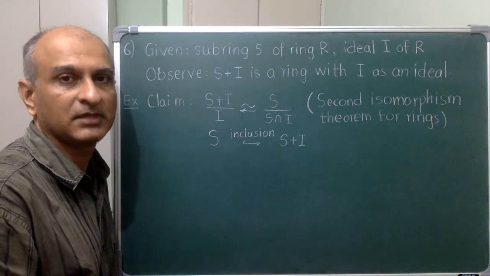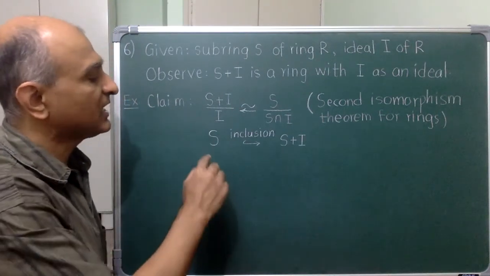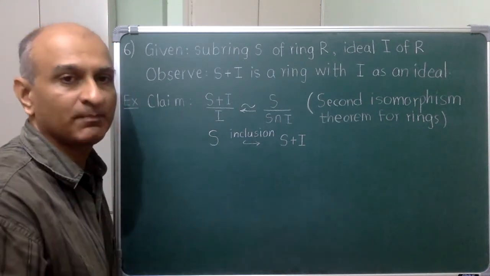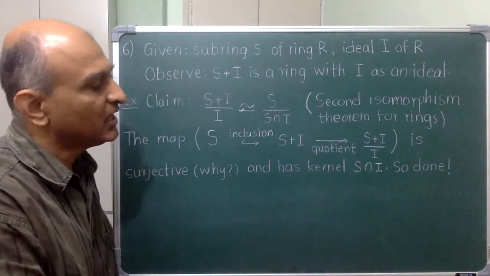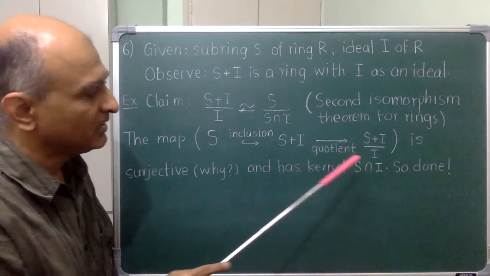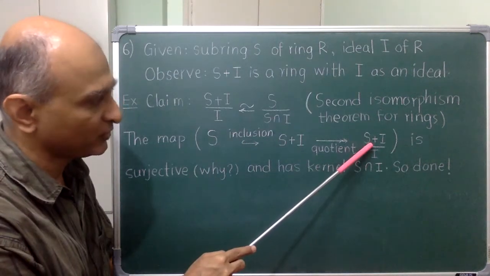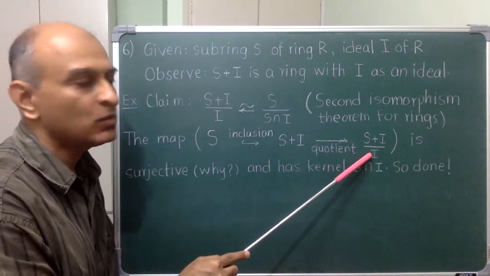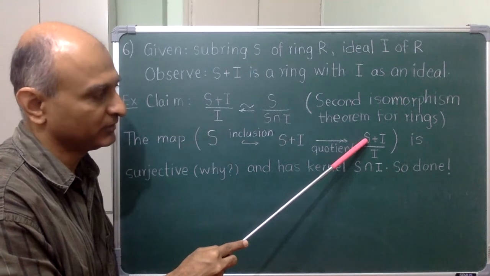So try it. It is easier to construct a map from the right to the left because I can just start with the inclusion from S to S plus I. So complete the argument now. We compose the inclusion with the quotient map onto S plus I modulo I. This composite map from S is surjective onto this because in this quotient I am killing I. So any congruence class is represented by an element of S alone.